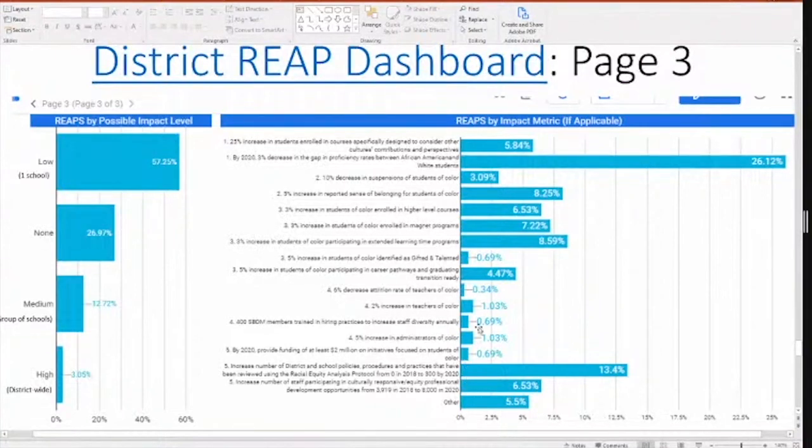So kind of our lesson learned at this point is, as we go forward to the next phase of this, we want to have more REAPs covering more areas of the metrics and having a higher impact. I think what we have been doing is creating that fibrous culture that Vanessa and Dr. McPhail and Dr. Marshall talk about, which is making sure people understand the questions, the vocabulary, getting implicit bias training.